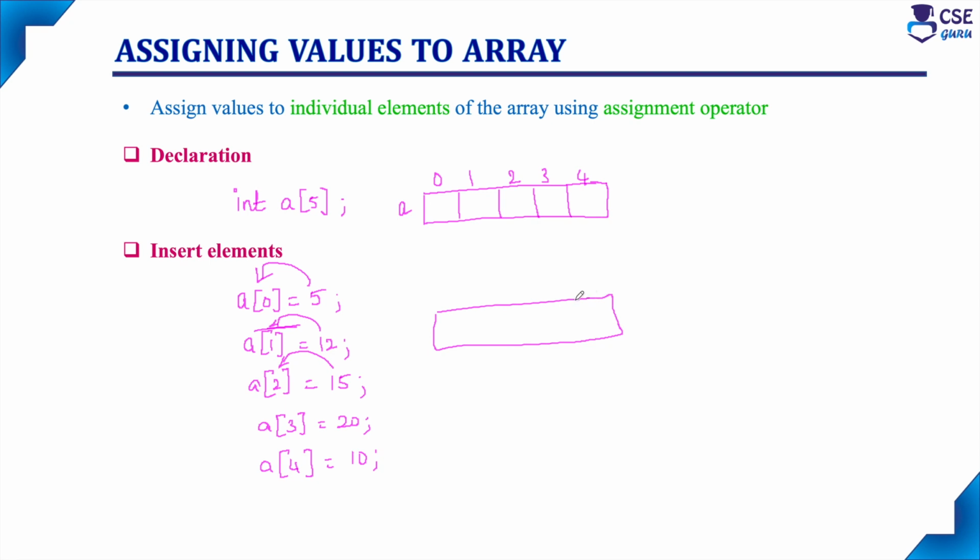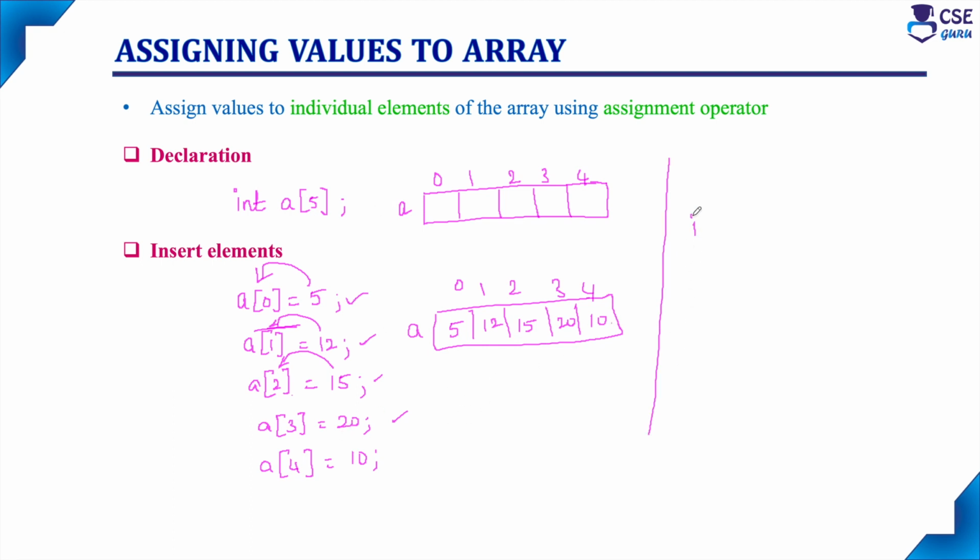When the first statement executes, automatically 5 will be inserted in the 0th location. When this statement executes, 12 will be inserted in the first location. When this statement executes, 15 will be inserted. For this statement, 20 will be inserted, and lastly 10 will be inserted. Okay, this is another method.